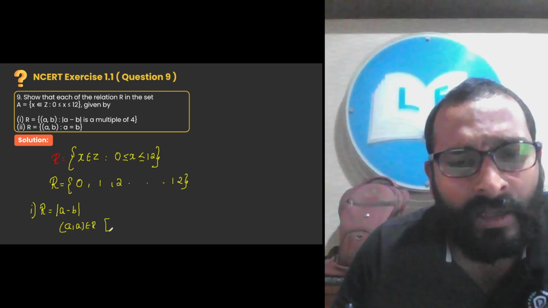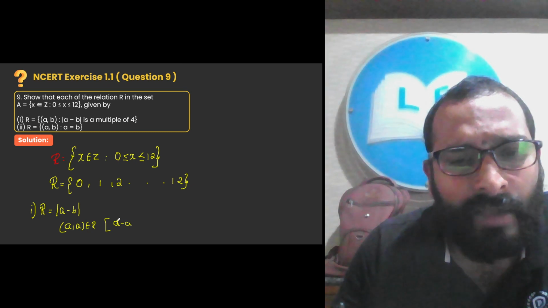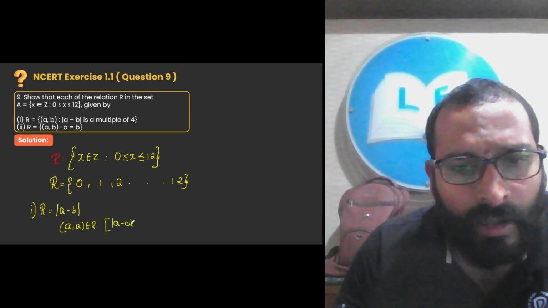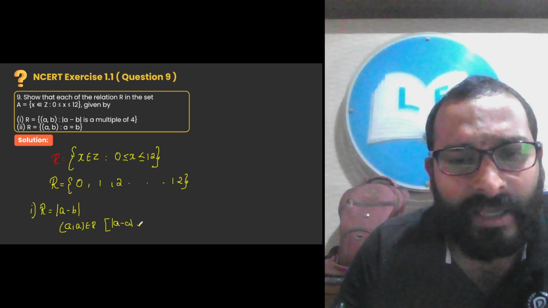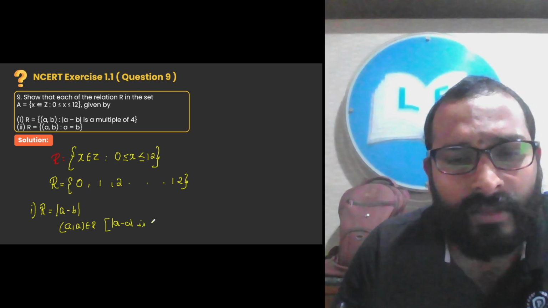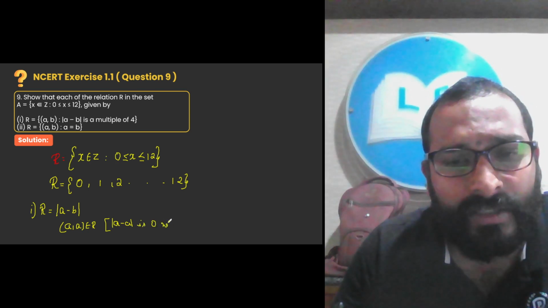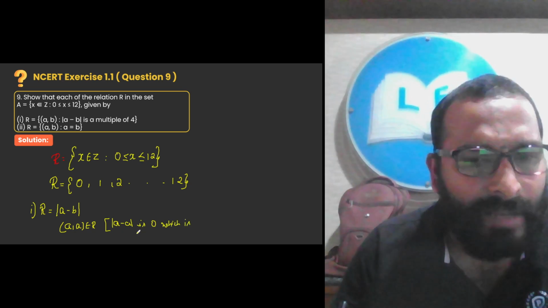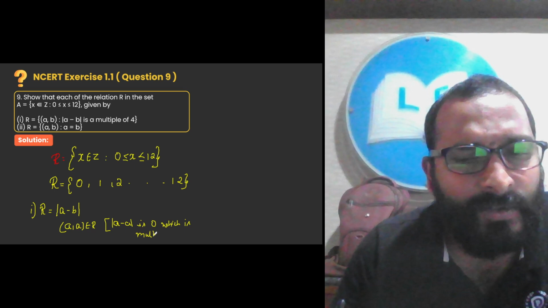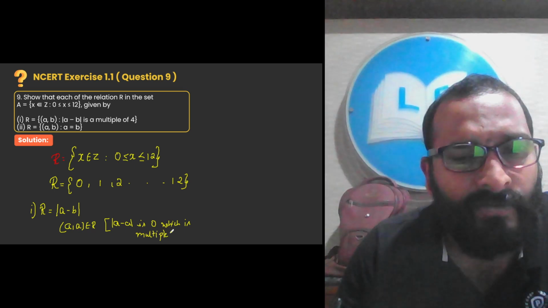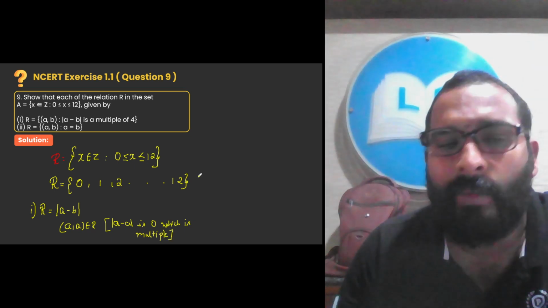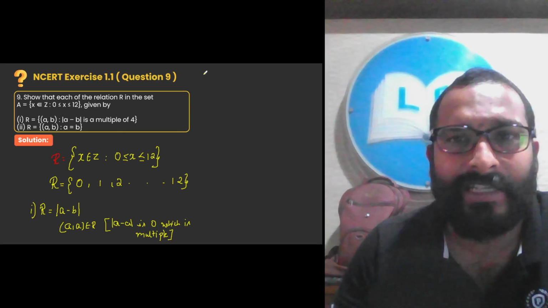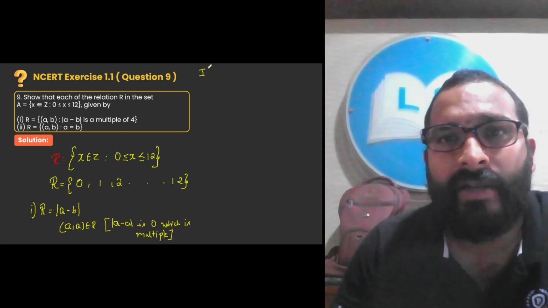Because modulus of A minus A is 0, which is a multiple of 4. Yes, 0 can be told as a multiple of 4, children. So it is reflexive. You take any value (A, A), this condition is satisfied. So I can write it is reflexive. This is for the first sub question.